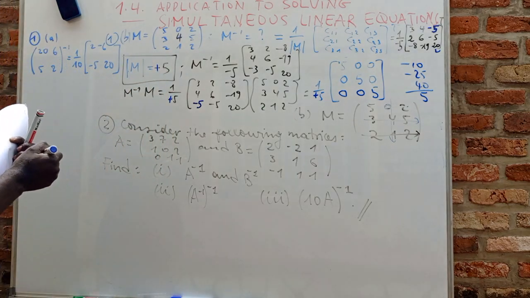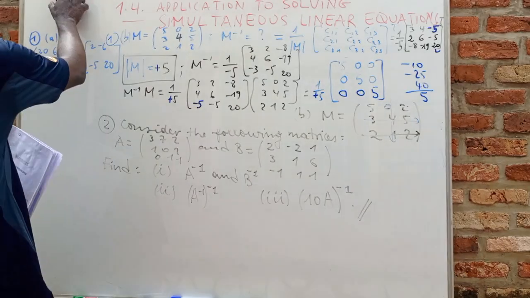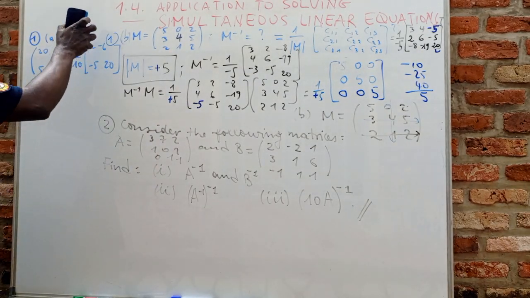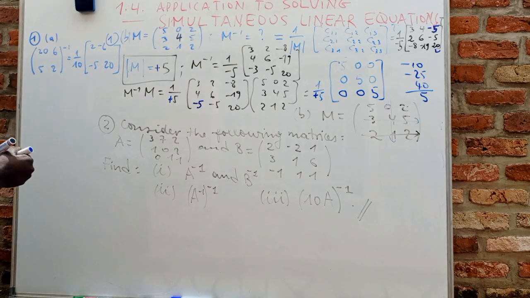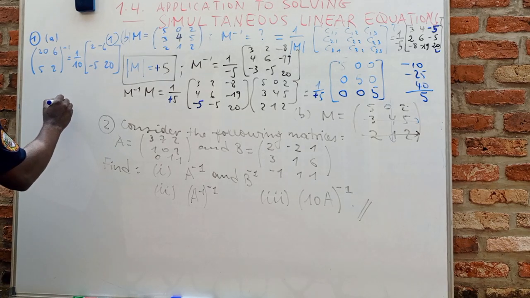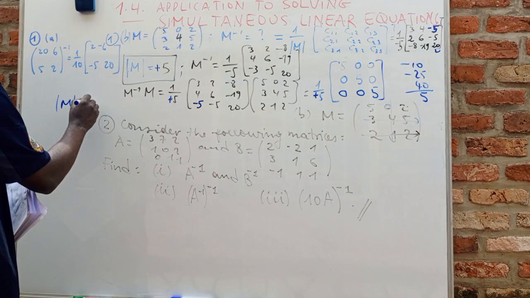And now we can check for it, because possibly somewhere I was wrong. So I have to check. Somewhere in the determinant there was a miscalculation. So let me recalculate it again. This is 5.